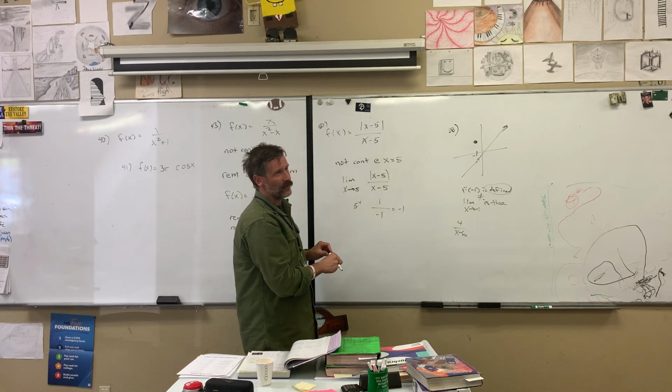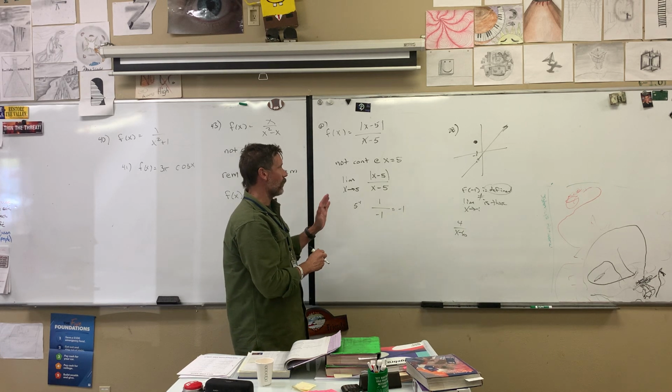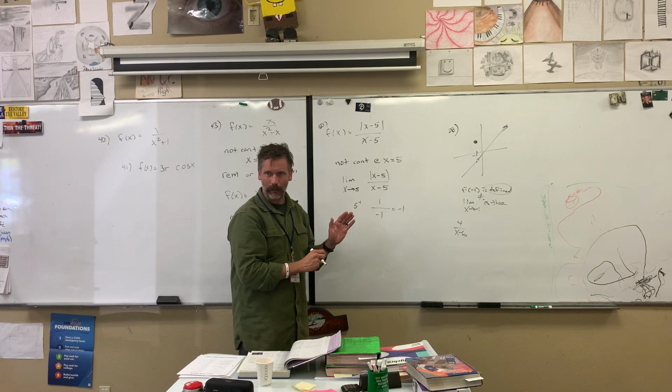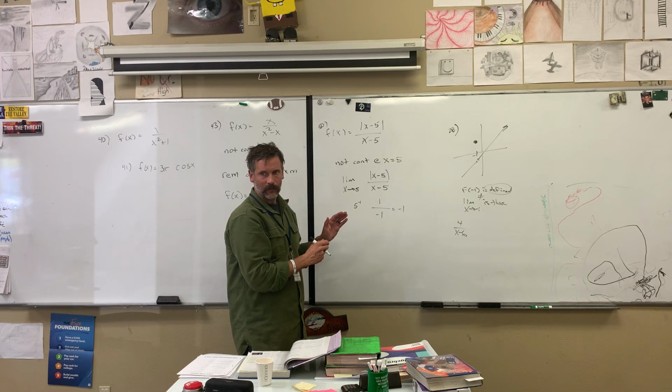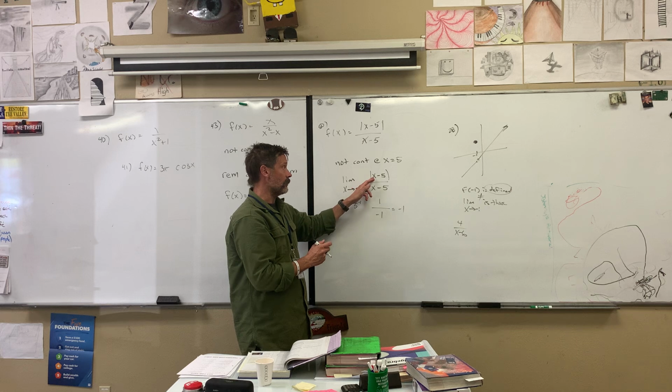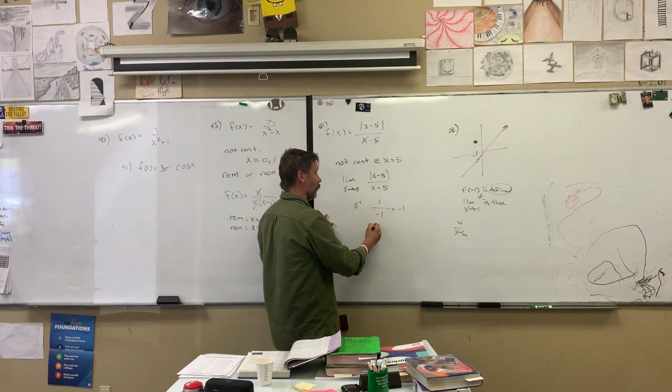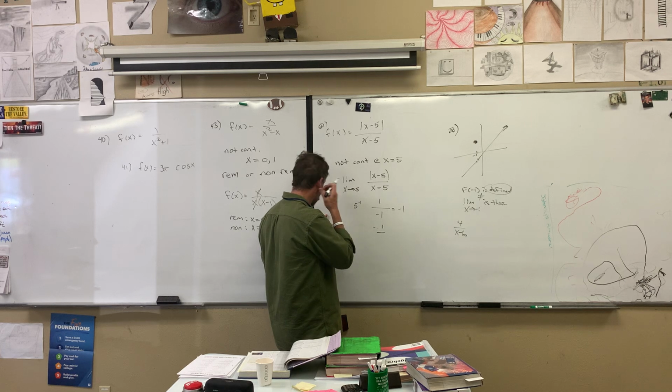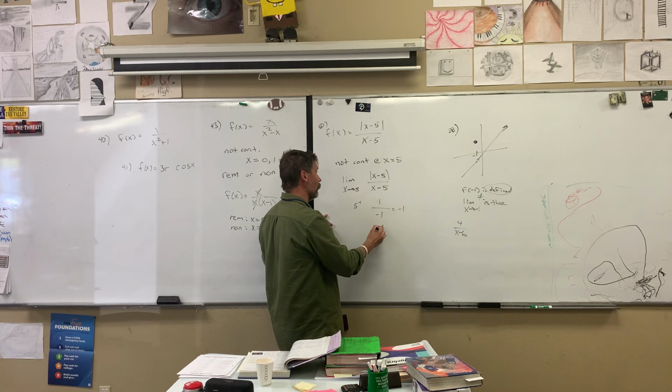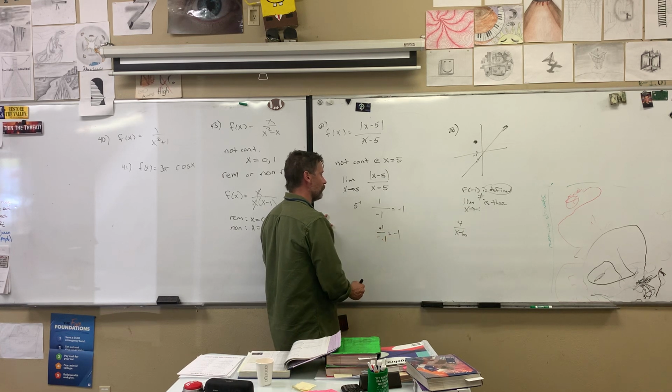Now 4 isn't really close to 5, like 4.9 would be. If you plug in 4.9, on top you get 0.1 over negative 0.1, which gives you negative 1. So our math is easy enough.